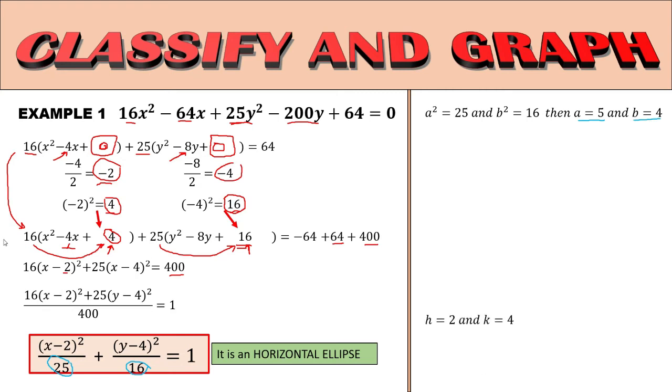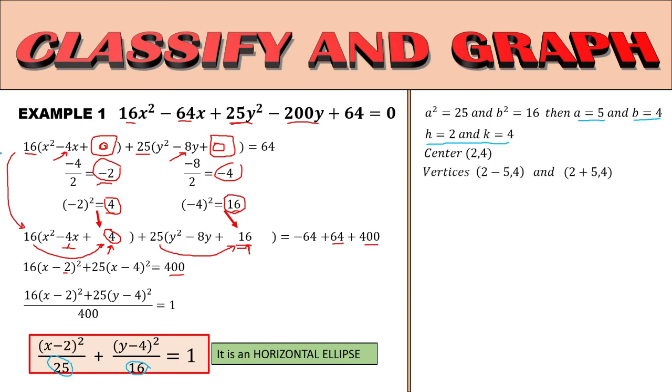And now the center is (h, k), which is 2, 4. If you don't know how to find this value, I recommend you watch the video about the hyperbola or the ellipse, where I show how to make a graph. Now the center is (2, 4).